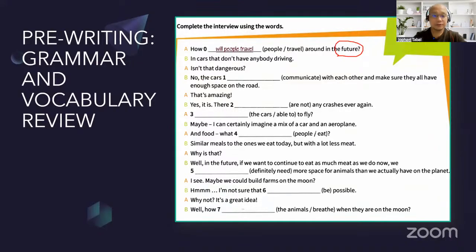Isn't that dangerous? No, the cars can communicate with each other and make sure they all have enough space on the road. That's amazing. Yes, it is. There won't be any crashes ever again. Okay, so also future, okay?